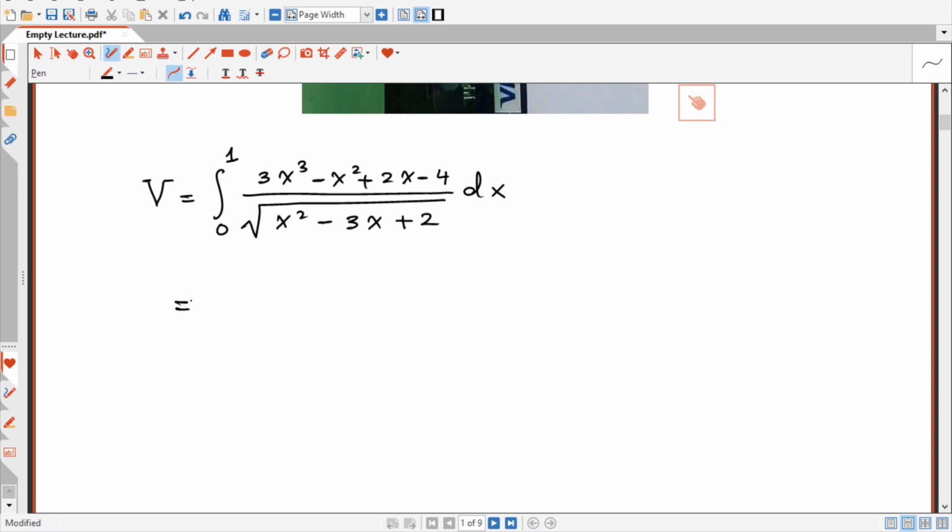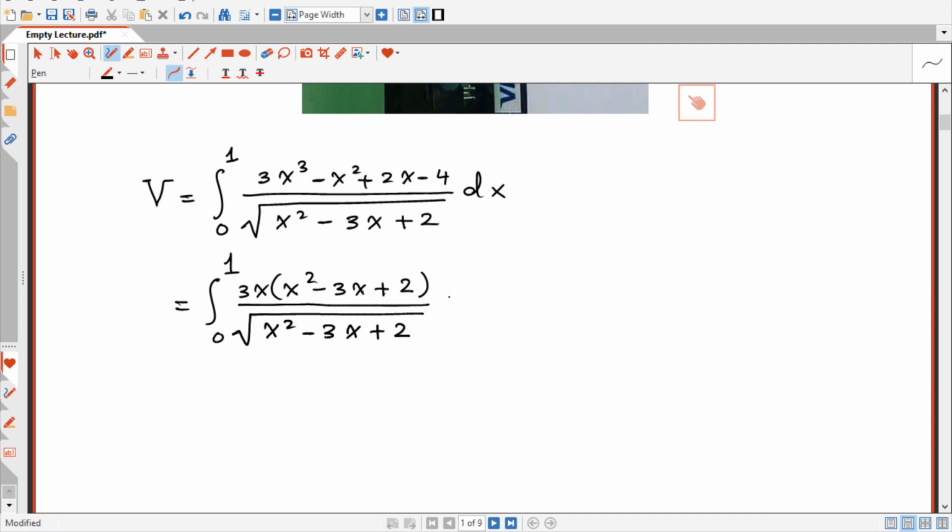So what I'm going to do here is this: it is equal to the integration from 0 to 1. I will add this term, which is the exact quadratic term, x squared minus 3x plus 2, and multiply it by 3x to get the 3x cubed term at the beginning, divided by the square root of x squared minus 3x plus 2.